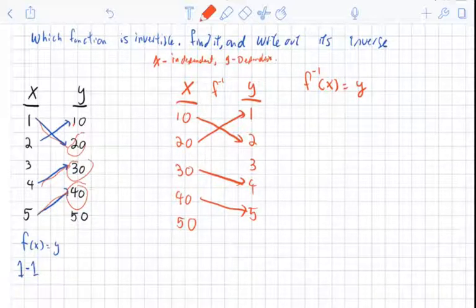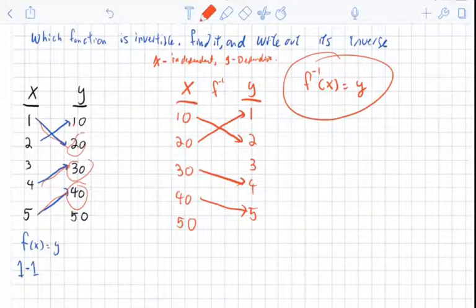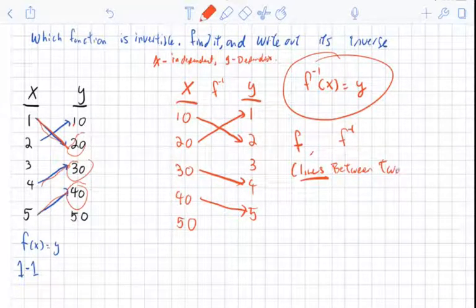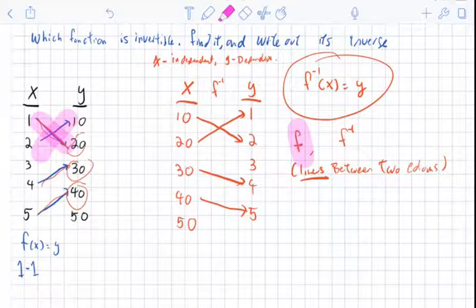I want you to make a note of something here. When we switch them around, our f and our f minus 1, both the function and the inverse function, are essentially just lines. They're lines between two columns. Deciding whether we're talking about f and we're going this way, or we're talking about f minus 1 and we're going this way, is essentially me deciding on what the domain and what the range are.